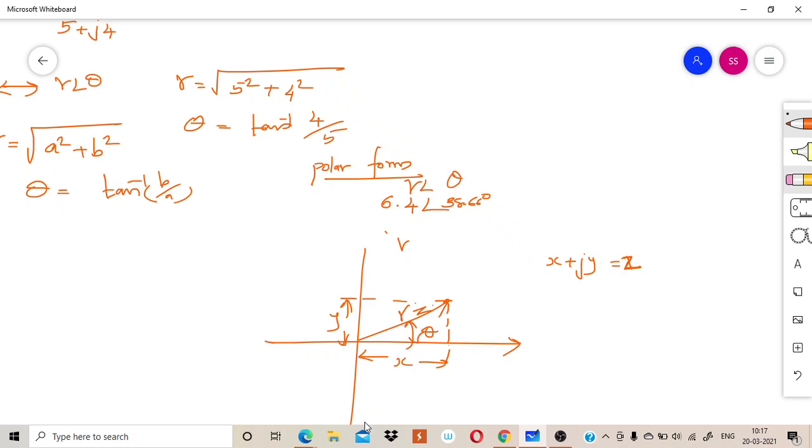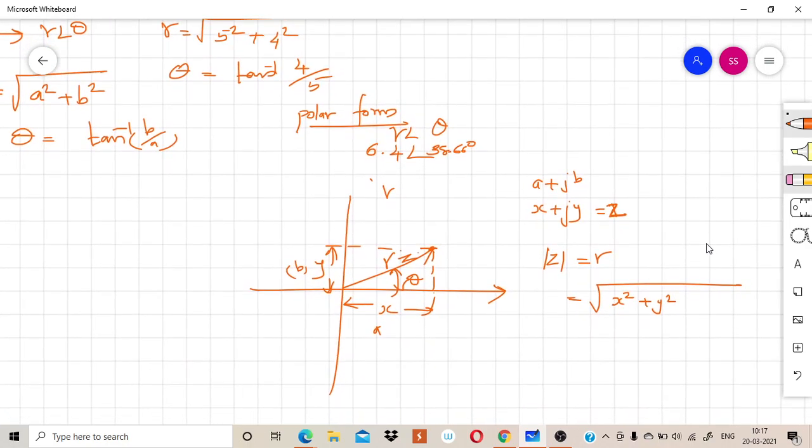That will be equal to r angle theta, or z. The magnitude of this phasor will be equal to r, which is under root x square plus y square. If this is b and this is a, then it is a plus jb; arbitrarily I have taken x and y.